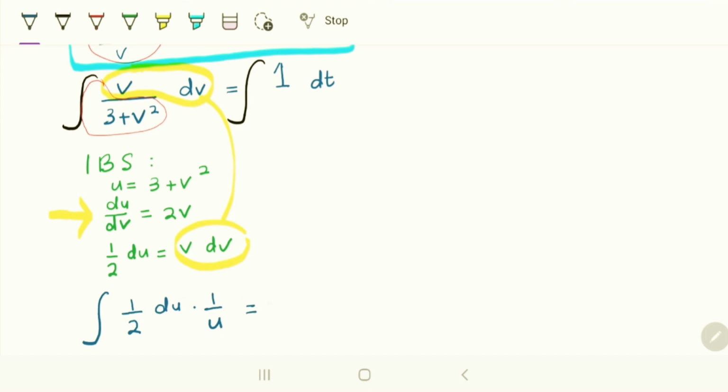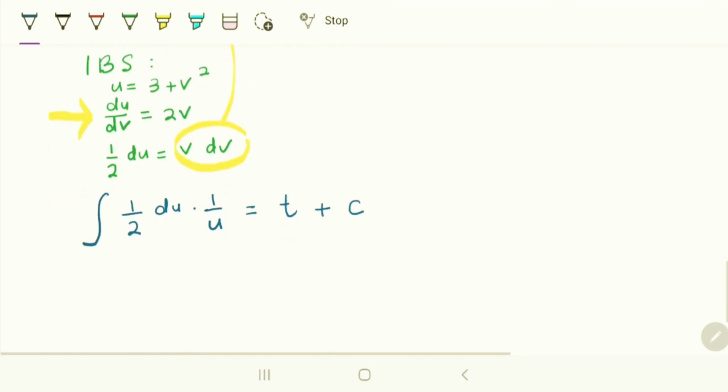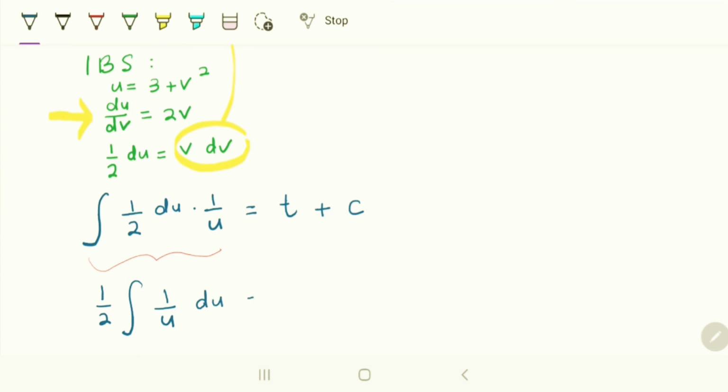Okay, the right hand side will be just t, and then don't forget to plus c. Let us rearrange this, where we can just put the constant outside the integral and then have 1 over u du.